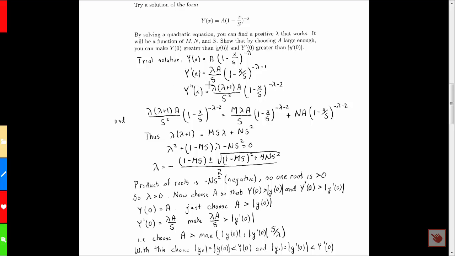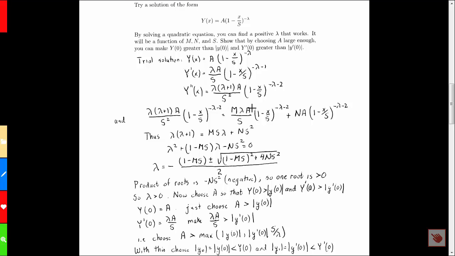Starting with Y double prime, we copy that onto the left-hand side. Now on the right-hand side, we have our term that involves M. We calculated M on the other page. We have M over (1 minus x over s) times Y prime.